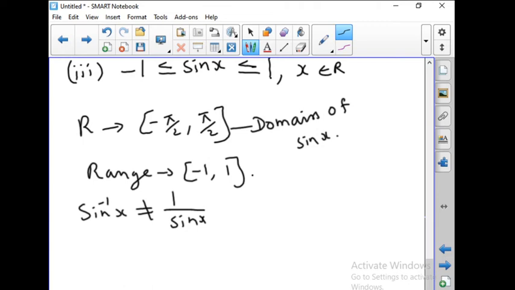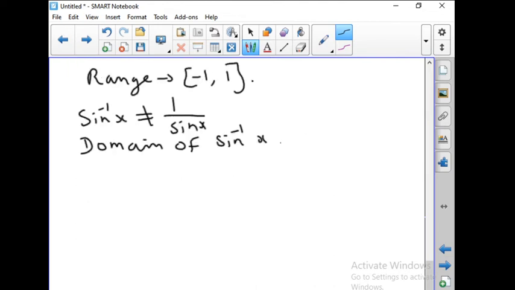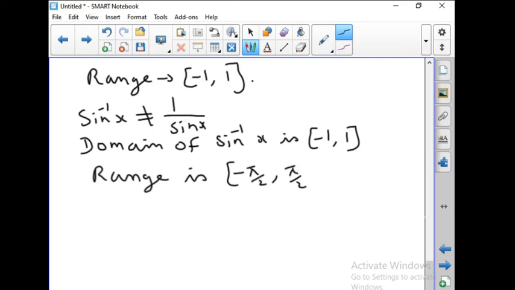You have to remember. So what about the domain of sine inverse of x? The domain of sine inverse of x is minus 1 comma 1 and the range is minus pi by 2 comma pi by 2. So it just becomes the inverse.